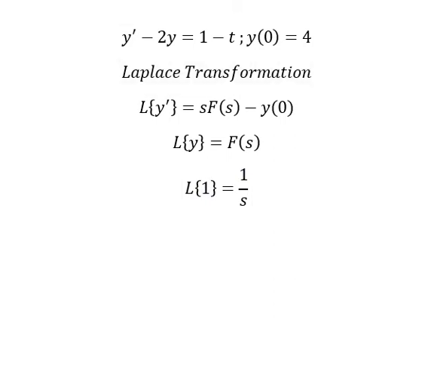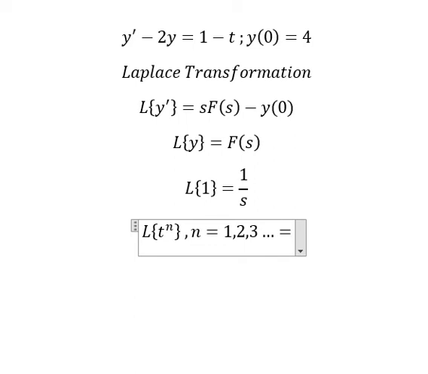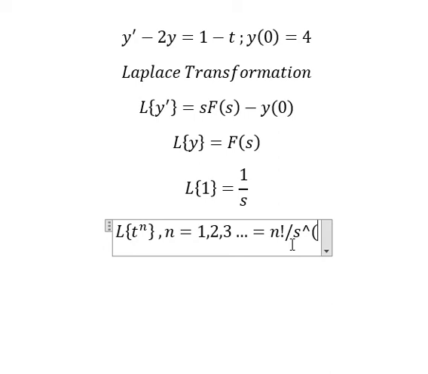About t, so we have the formula in here. And n should be 1, 2, 3 and so on. So this one we have n factorial over s to the power of n plus 1.